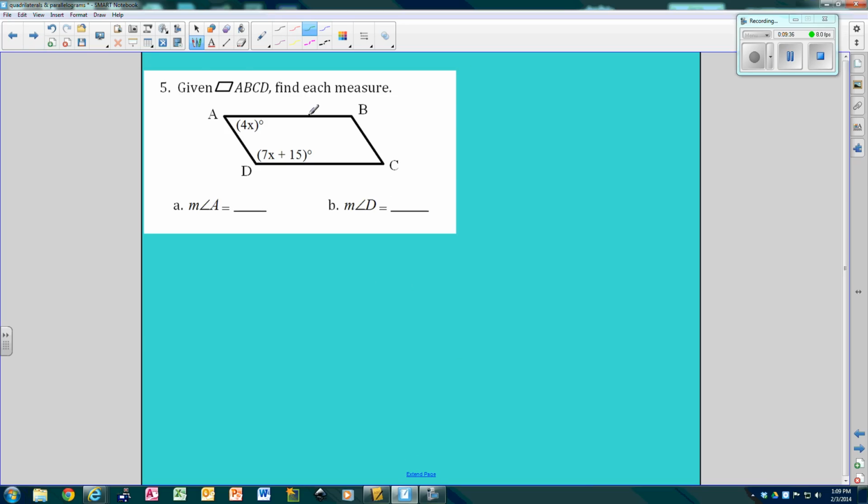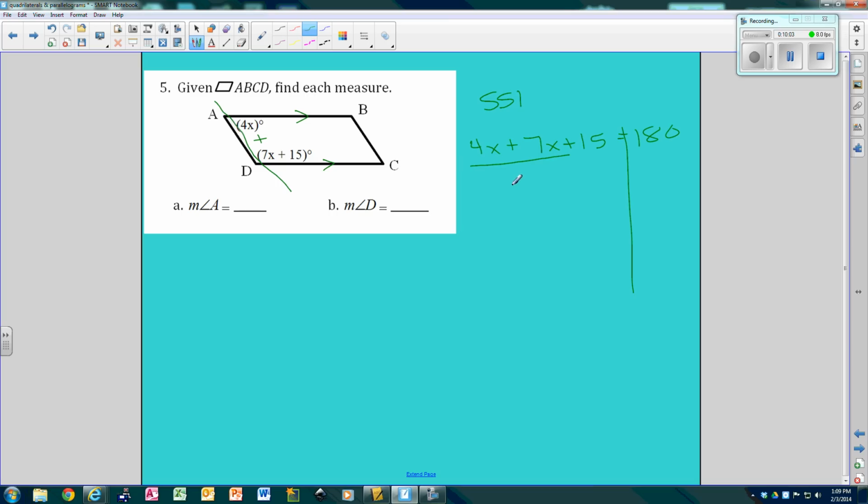All right. Now this one says, given parallelogram ABCD, find each measure. Since it's a parallelogram, this side is parallel to this side, so this is acting like a transversal, and these are same side interior angles. So when I add them together, 4x plus 7x plus 15 equals 180.